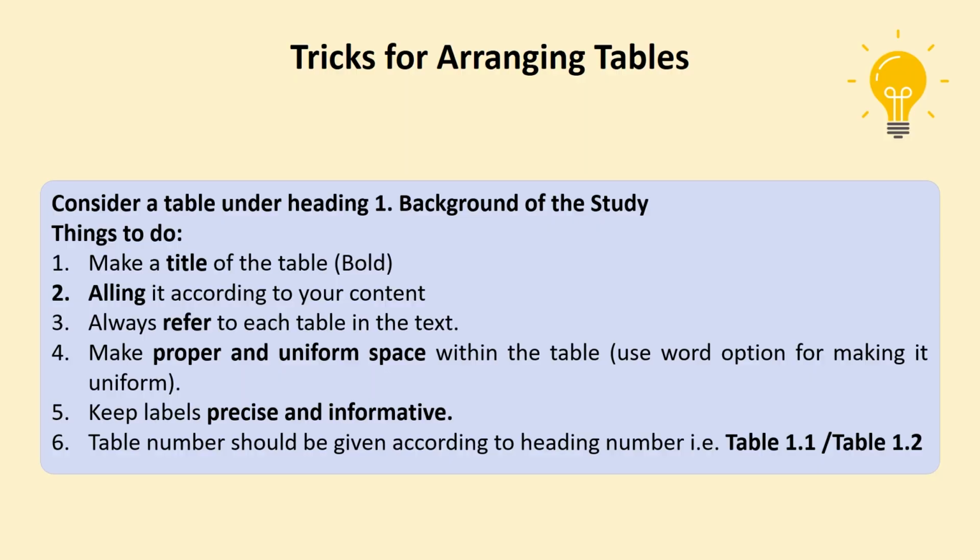The moment you write the number in a table like this, it provides you the idea and mapping that this table 1.1 definitely belongs to heading 1 and it is table 1 of that heading. So I hope it is clear.